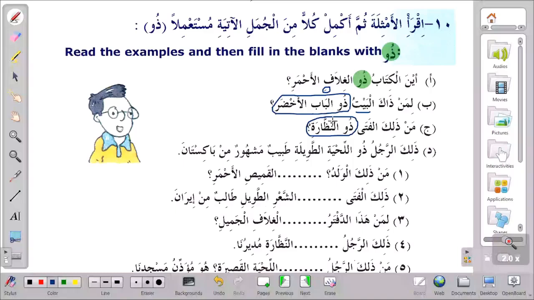Like in English you say the man with the specs, meaning he is wearing them. So in this case ذو doesn't really mean he's having it, but that he's wearing it. But ذو doesn't mean wearing. It comes to mean possession: the boy possessing the spectacles, right?